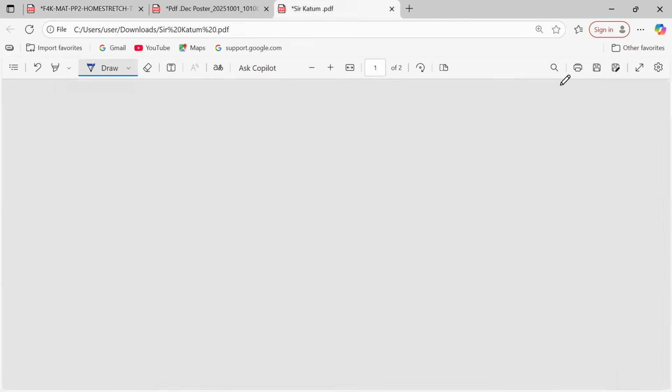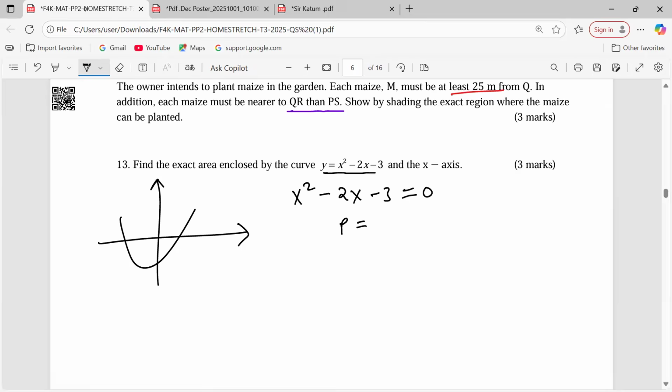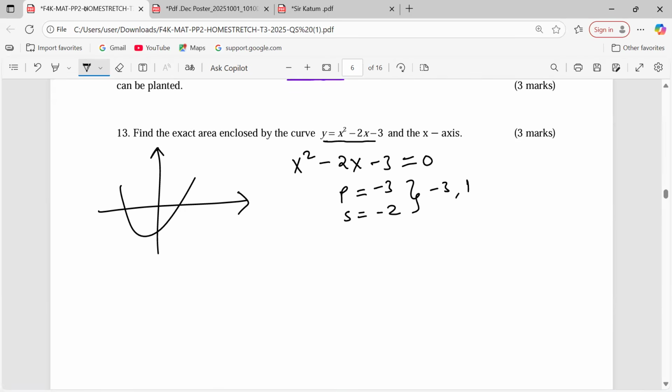Product AC, sorry, -3, sum -2. These terms now are going to be -3 and 1. Product -3, sum -2. So x squared minus 3x, then plus x minus 3 equals 0.